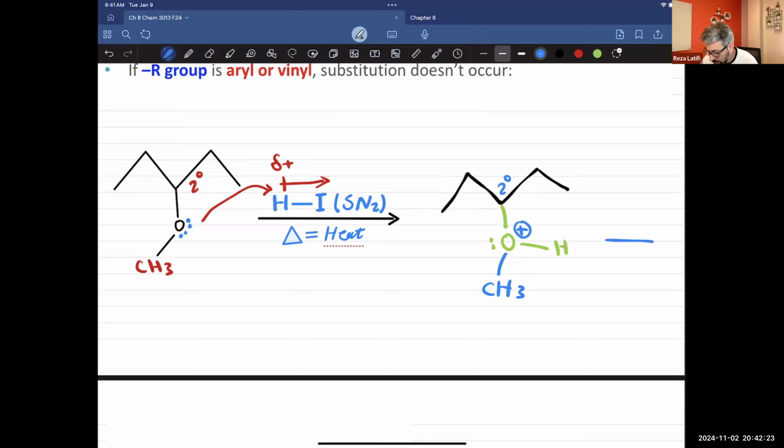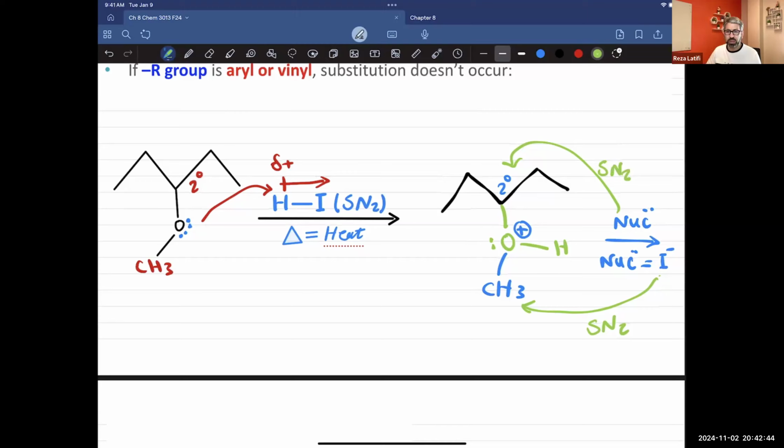Now, what will happen if you add the nucleophile? And what's the nucleophile? The nucleophile in this case is going to be the iodide. The iodide can attack either this carbon, the secondary carbon, or the methyl carbon. And the reaction is going through the SN2 mechanism.